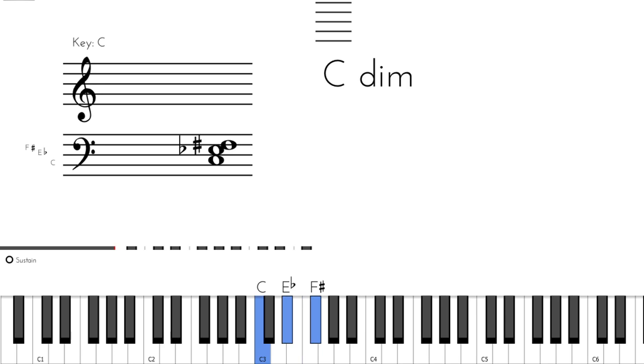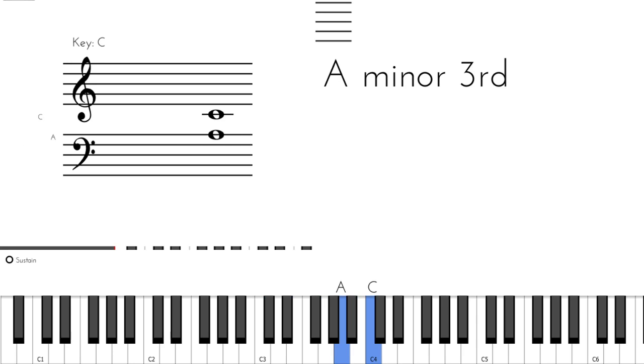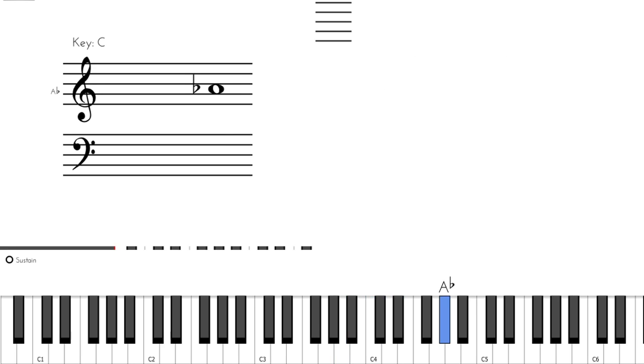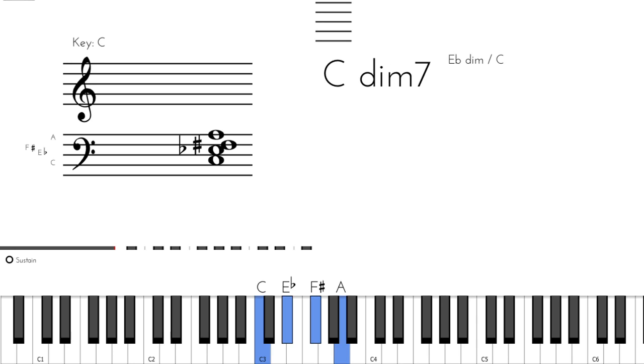We just have to jump three notes. So here. So if you are here, you are good to go. So that is it with diminished chords.